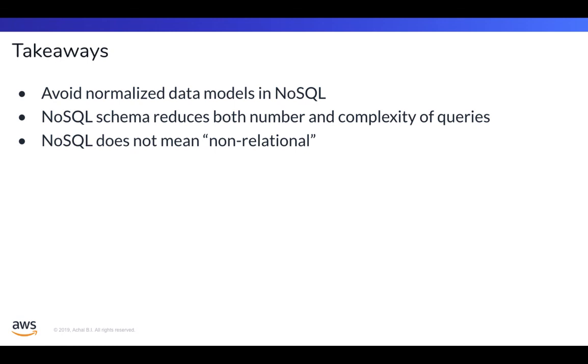The complexity of queries is reduced in terms of retrieval, but the complexity lies in constructing the NoSQL table itself, and the data within NoSQL is always denormalized and storage heavy. These are the takeaways for NoSQL.